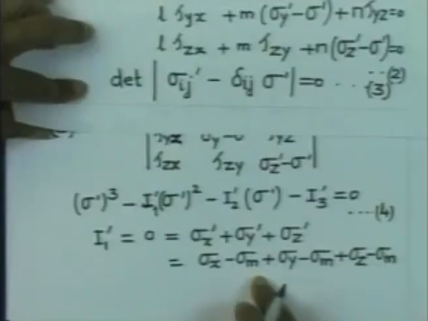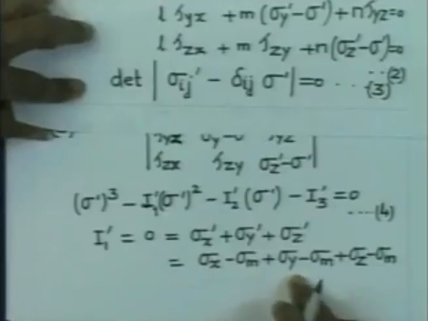Since sigma m is equal to sigma x plus sigma y plus sigma z by 3, the sum of these three stresses will cancel, and therefore this is going to be 0.